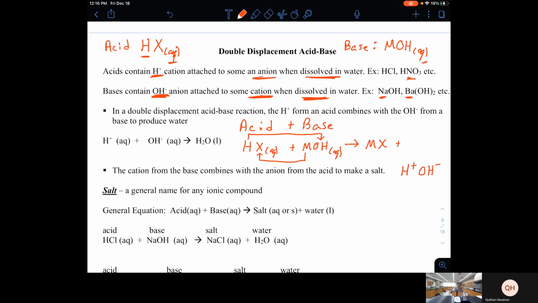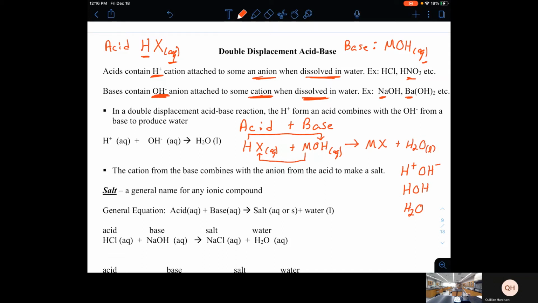And if you remember, we said H plus and OH minus is really just HOH. And if you remember from the earlier notes, when we talked about single displacement reactions, we said that this is nothing more by convention of being just H2O. So we're really producing H2O down here, and that's just going to be our liquid.